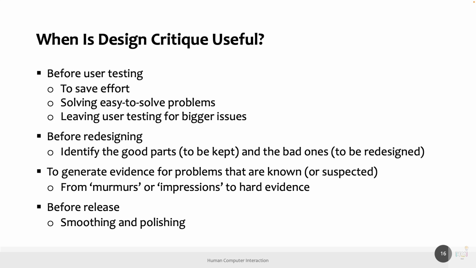Maybe you have your application on the Play Store, you are starting to receive very bad reviews, so probably there are some problems, you still don't know exactly what these problems are. You conduct a heuristic evaluation to investigate this kind of thing. And also before releasing the final implementation, you can conduct a final heuristic evaluation to be sure 100% that your application is useful. Okay.